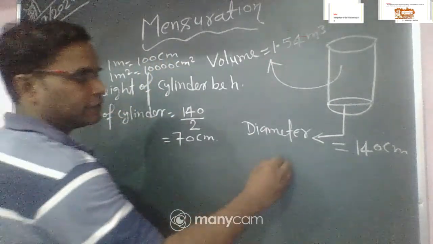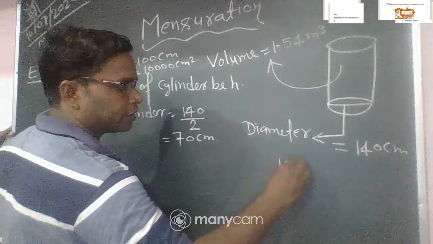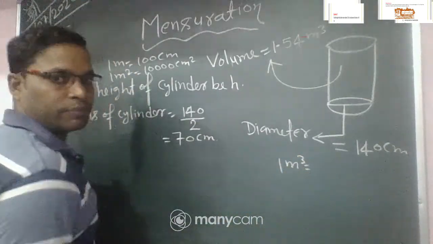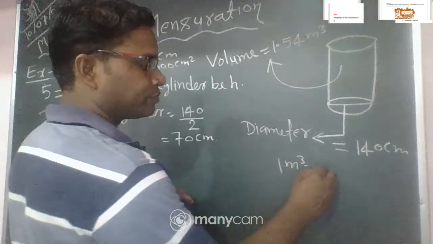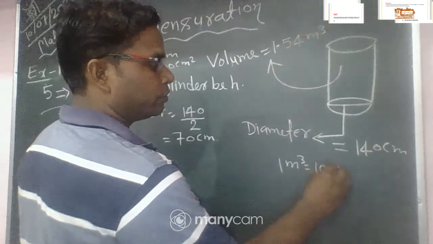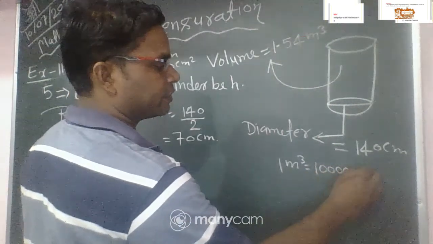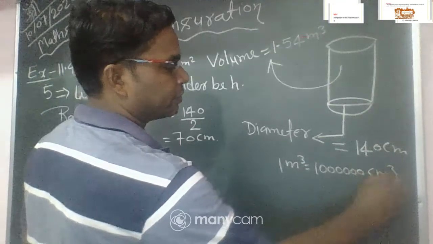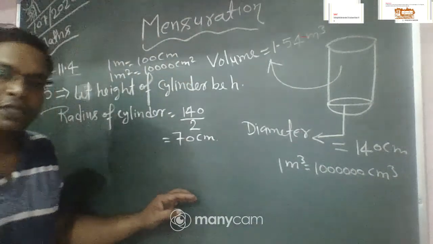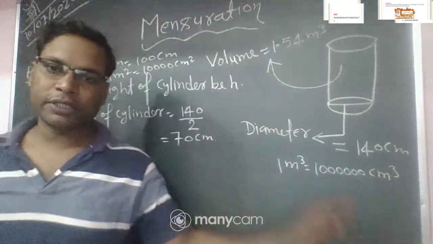So what is the meaning? 1 meter cube is equal to how many centimeter cube? This is clear. 1 meter cube is equal to this many centimeter cube.